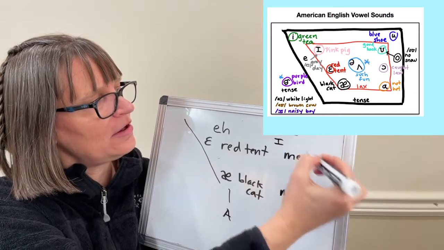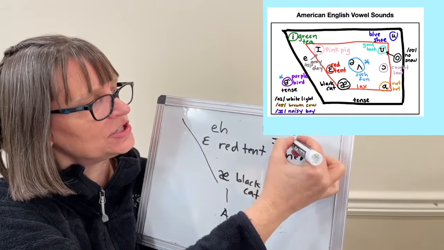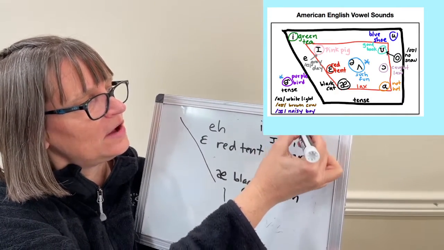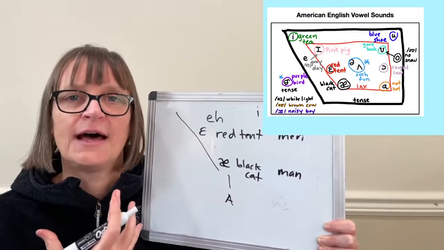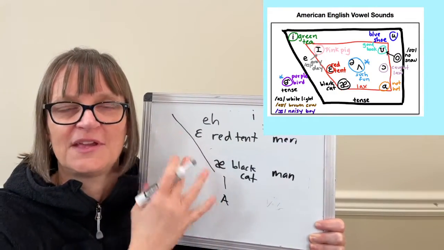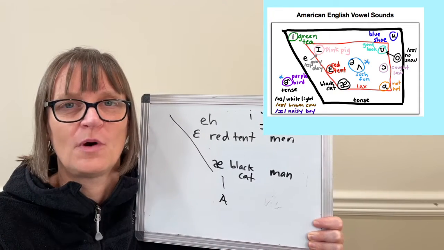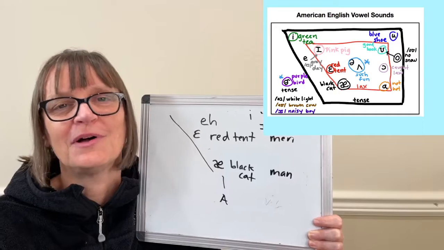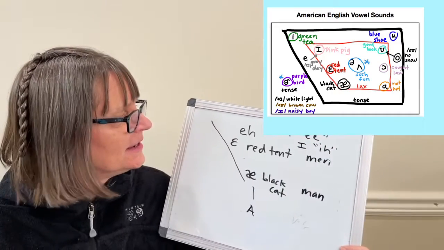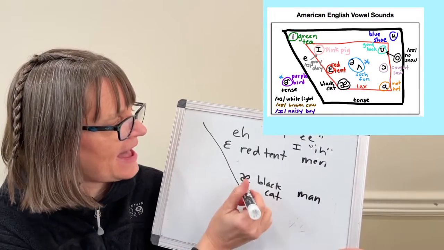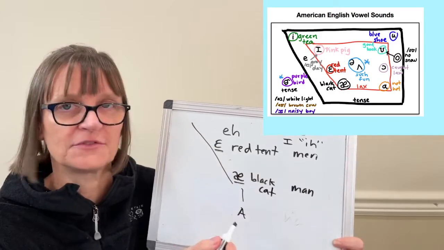And for the I vowel, I'll write it as I or IH. So that's some of the alternative spelling that I use. I tend to use the IPA symbol and alternative spelling in my videos because often one or the other makes more sense to people. I want to give you both options.